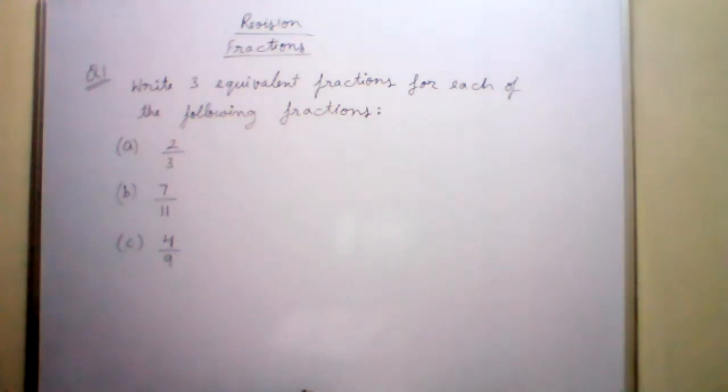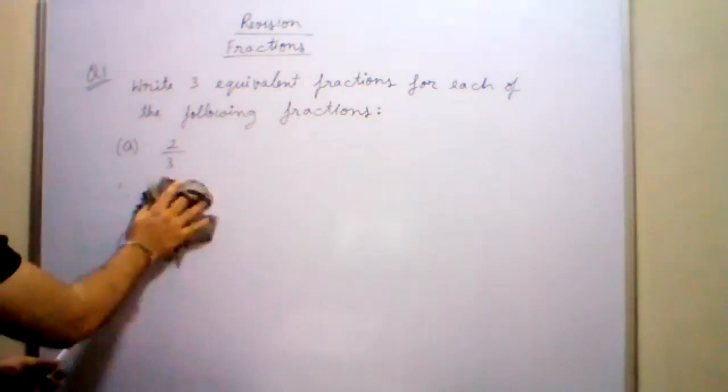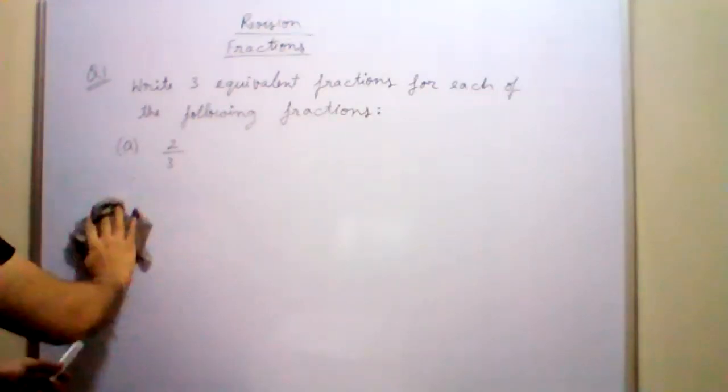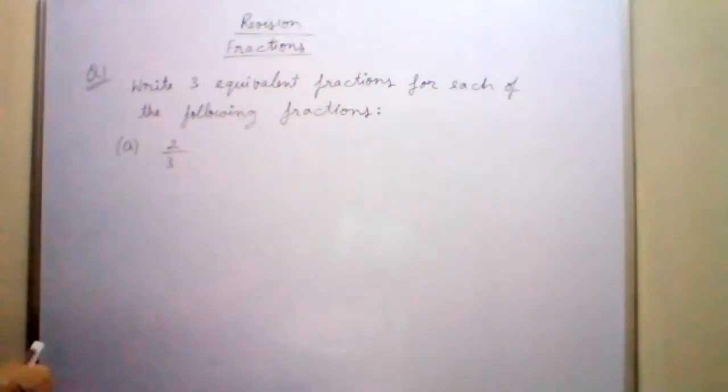So do you want me to give the answers? Anyone? Or you all have done it? No, sir. Sir, I have done. Okay, I'm telling you how to do, only the first one. This is a fraction 2 upon 3.